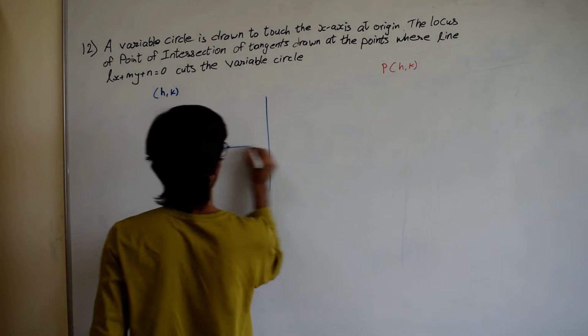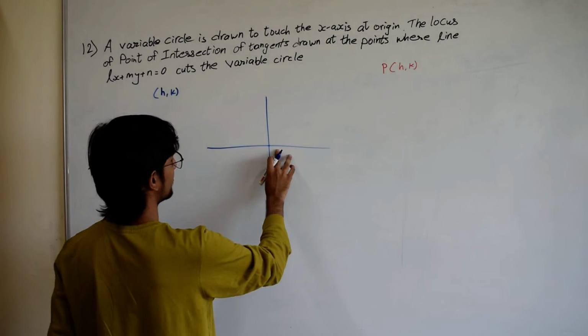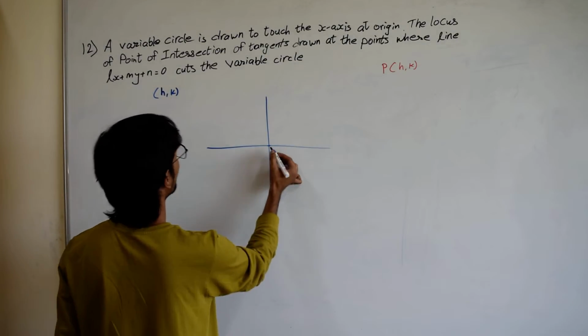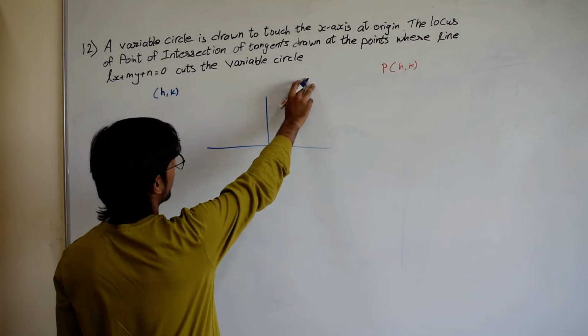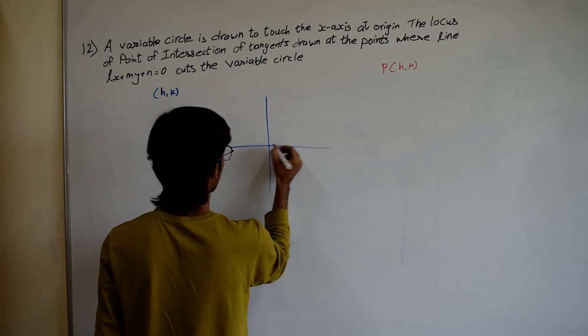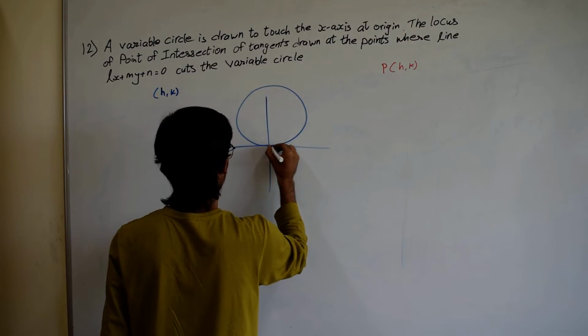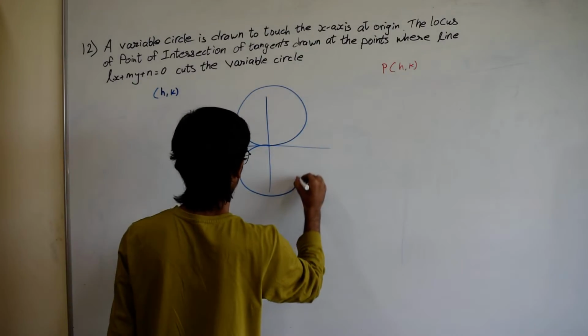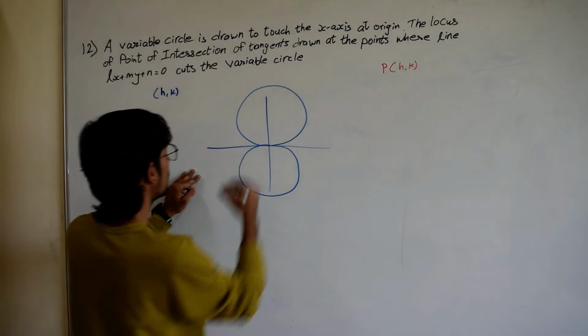By making a graph, we see that it touches the x-axis at the origin. Let's assume that the circle has a radius r. If it touches the x-axis at the origin, the circle can be made on both sides of the axis.